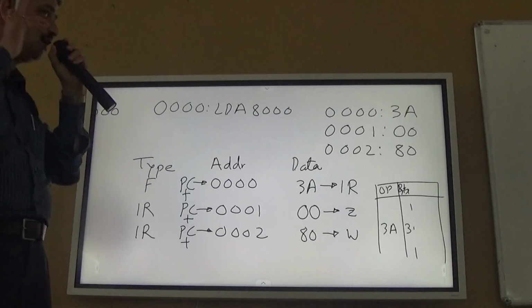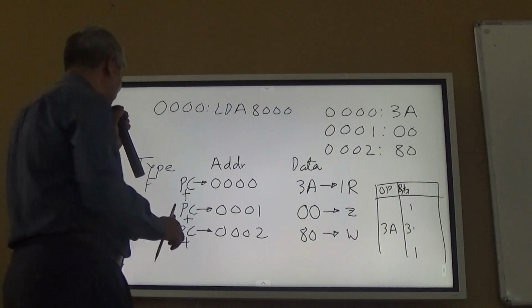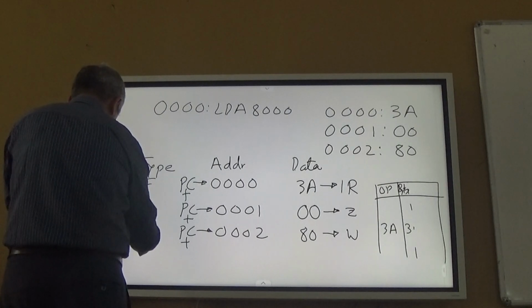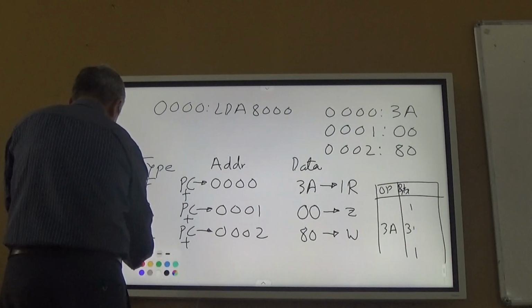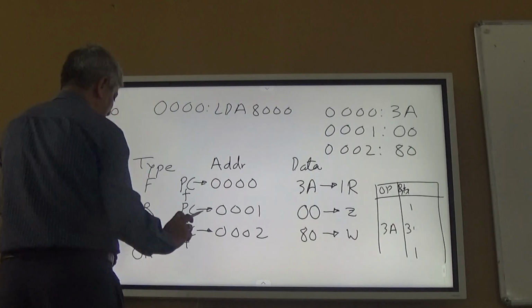Therefore, the number of bytes of LDA is 3. The number of machine cycles required is 4. So the fourth is an operand fetch, operand read.